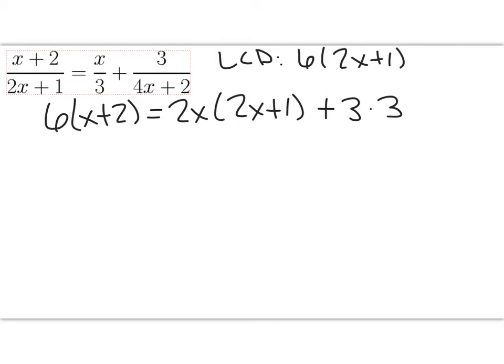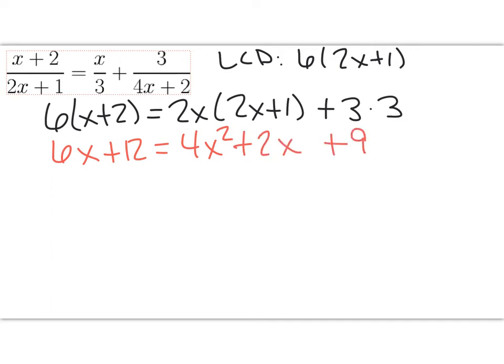So I've cleaned up that last line of work a little bit and also made a note of the least common denominator. As we continue our work, we'll distribute so that the left-hand side is 6x plus 12. The right-hand side is 4x squared plus 2x plus 9. And we'll move all of the terms to one side of the equation. 4x squared minus 4x minus 3.